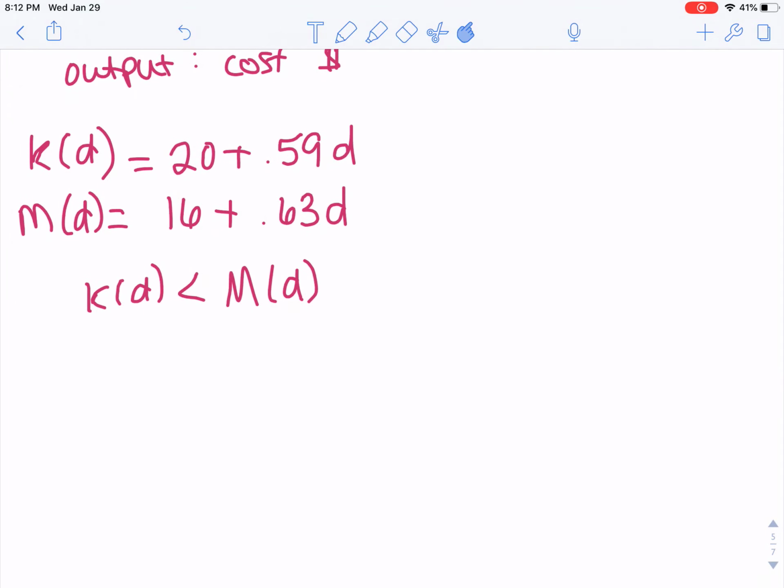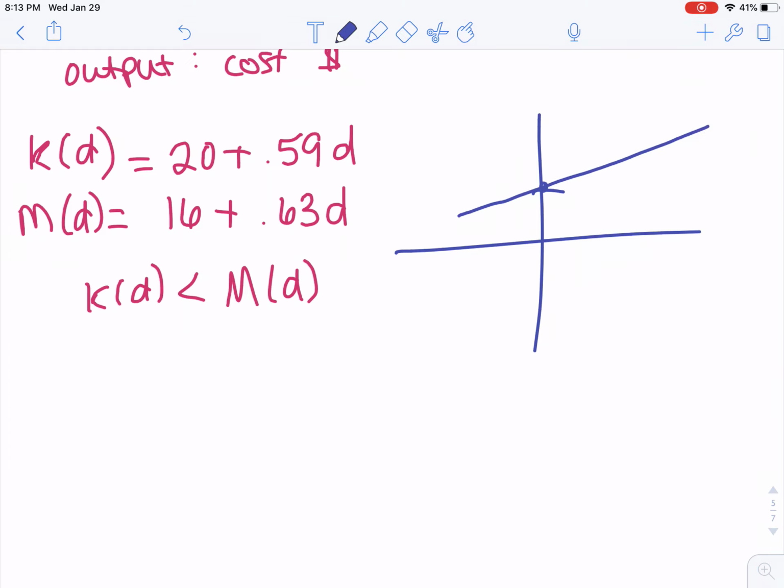The reason we want to do this is because initially, if we plot this in our head, K of D starts up here at 20. So initially, it costs more money. And M of D starts here at 16, so it's cheaper until this point right here.